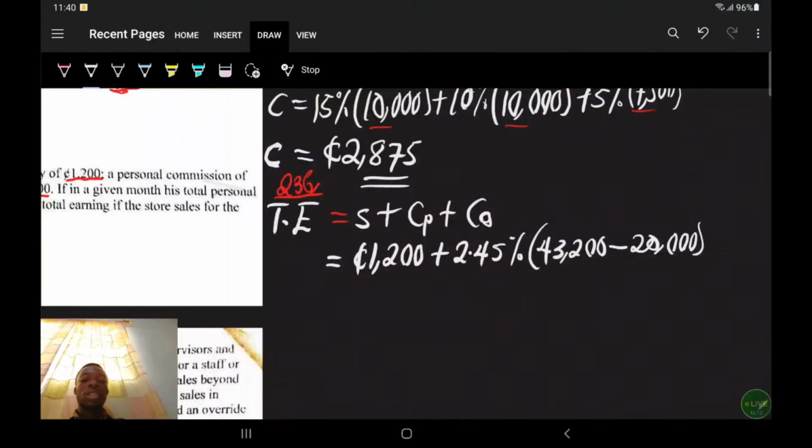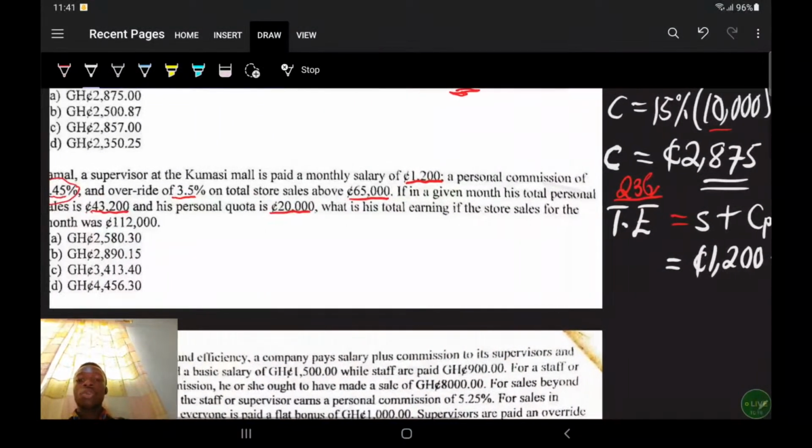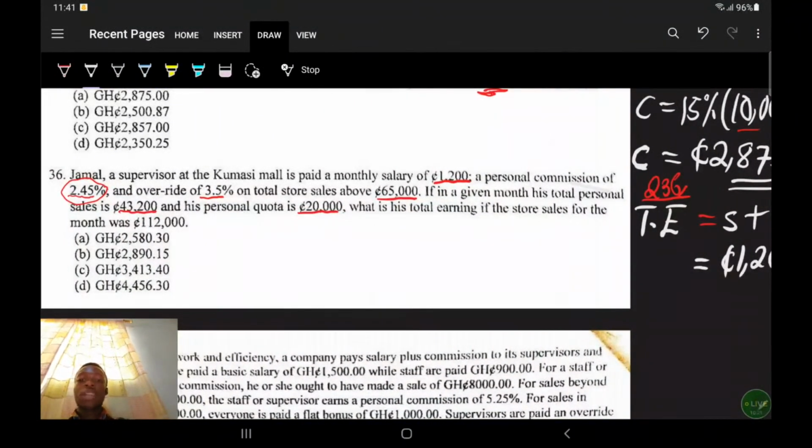Once you get his personal commission, you come to the commission on override. We were told that for him to earn an override commission, store sales need to be above 65,000. You can see it here, 65,000. For that particular month, he made store sales of 112,000. So for him to earn an override commission, you subtract the store quota from the total store sales, and whatever is left, you apply 3.5% on it.